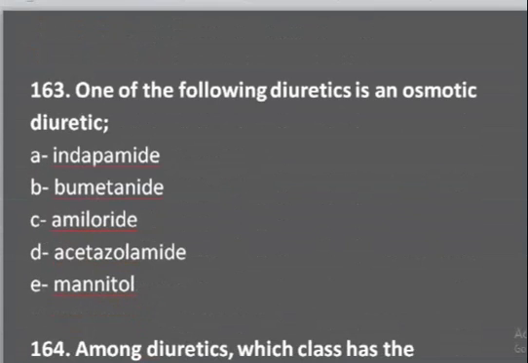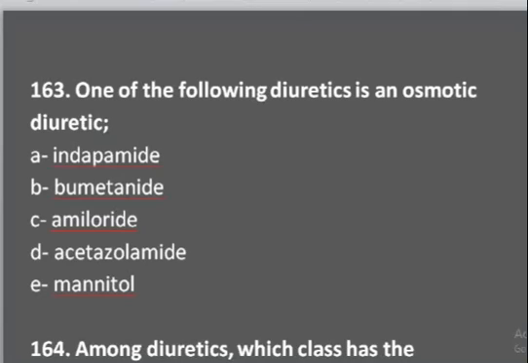Now the third MCQ, one of the following diuretics is an osmotic diuretic. So options are there: indapamide, bumetanide, amiloride, acetazolamide and mannitol.